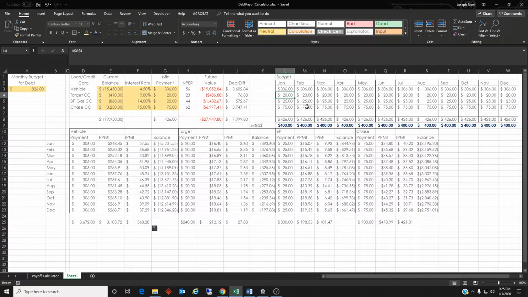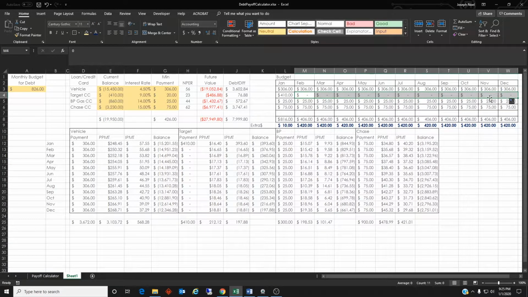We're going to pay the $410 here, which will mean that the rest of our payments here are zero. That's going to mean that the money that we have every month additionally is going to be greater than $400. So $420 right there.